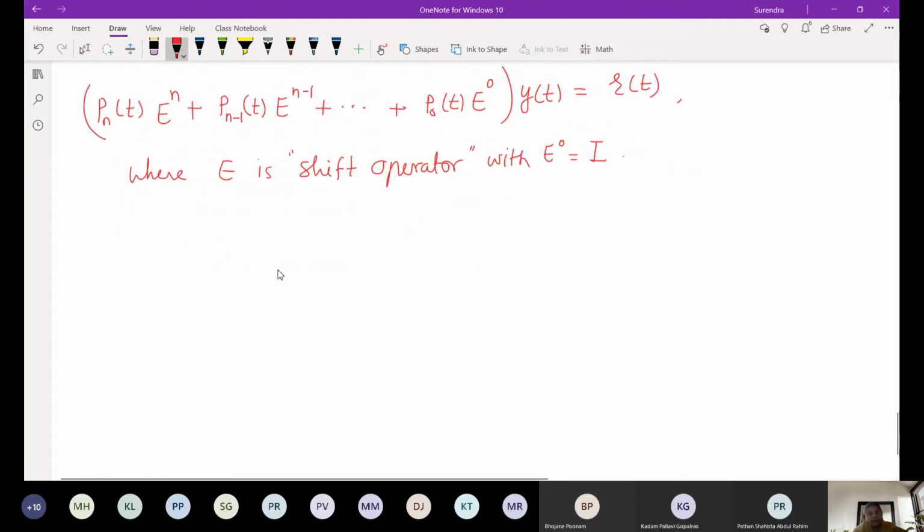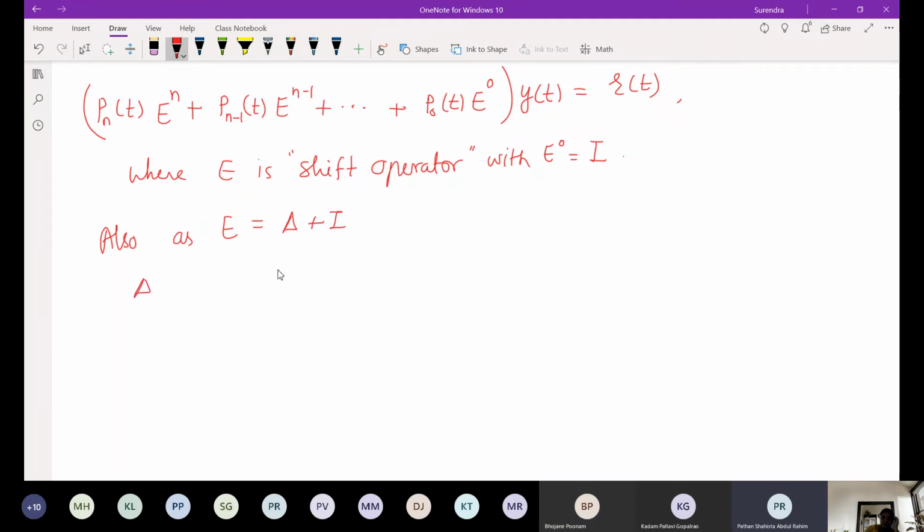Also, I can write in delta form. What is the relationship between E and delta? Delta minus I? Delta plus I?